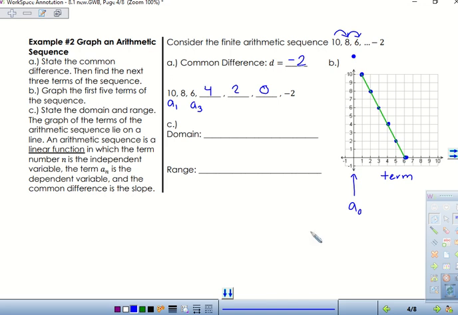So you have to read the problem carefully, because sometimes the term they're giving you is a sub 0 to start, and sometimes they're giving you a sub 1. So you got to read really carefully the context of the problem. Sure. What's the difference between a sub 0 and a sub 1? So a sub 0, let's think about it this way. The very first paycheck you get, that's a sub 1. That's the very first term.